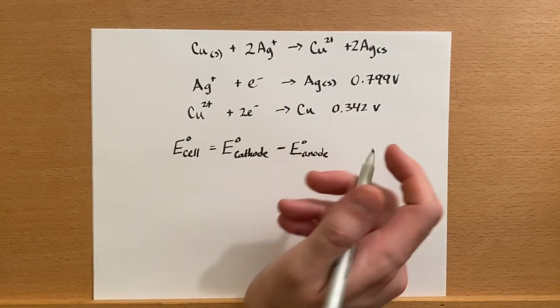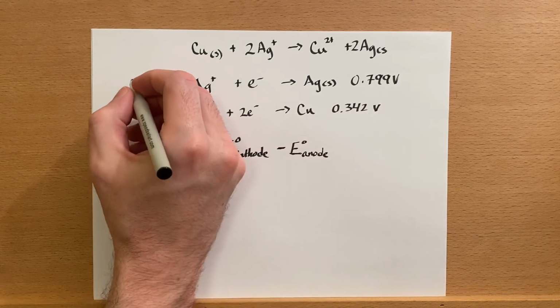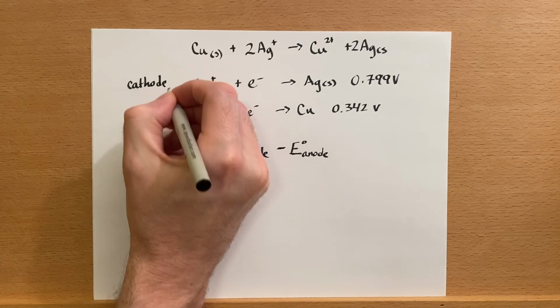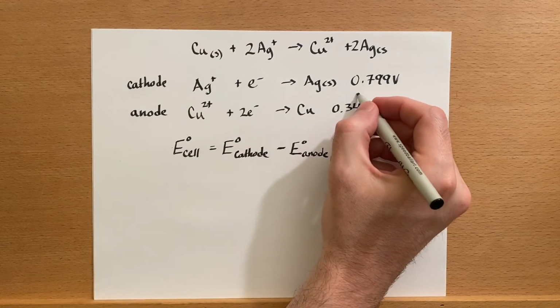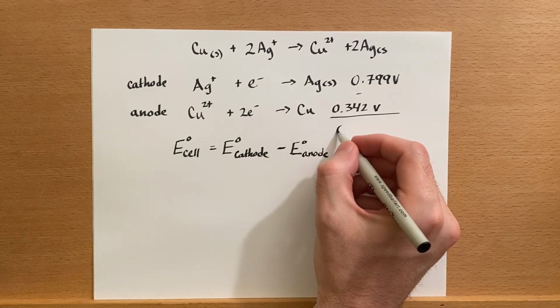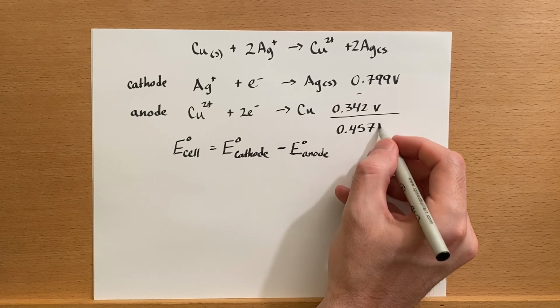So to calculate the potential of this cell, we're simply going to take our cathode, which is the first reaction here, and subtract our anode. So if I just do a subtraction there, I should get 0.457 volts.